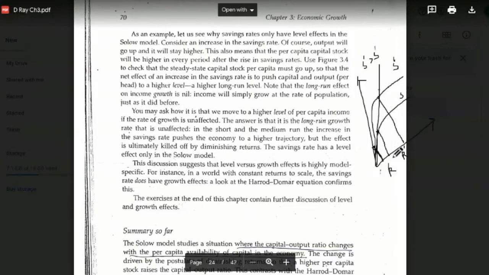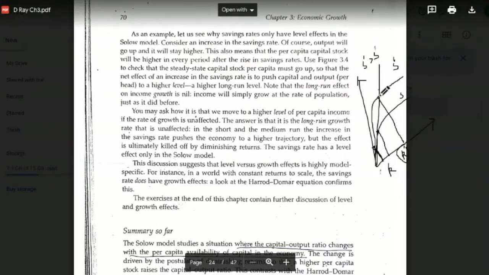Now, if the new steady state of capital per capita increases to K prime, then definitely the growth rates will be higher. But the growth rates will be higher only in the short run, and the short run is defined by the time it takes the economy to reach point K prime.